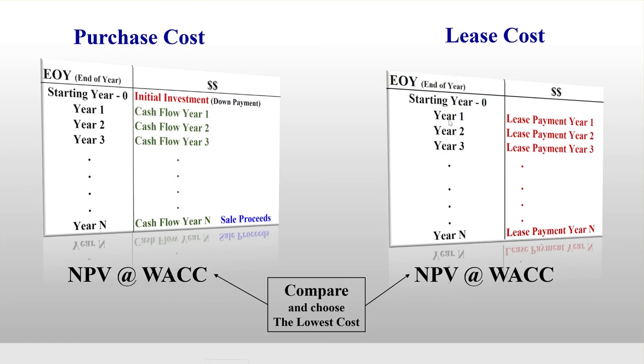For the lease cost, again, we'll start with the lease payments for year 1 through however many number of years that we are leasing the property, which should be the same as the number of years that we own the property, so we can compare them, apples and apples. But also notice that this lease payment must be the after-tax numbers based on the corporate tax rate.